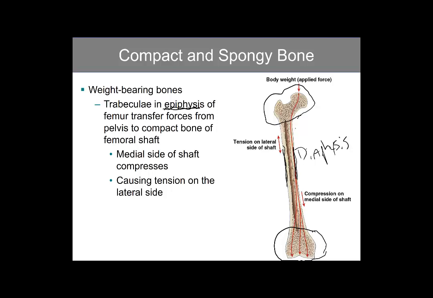Those forces are transferred down the shafts of the bone, basically. Okay. In the case of the femur, we're looking at the medial side, where the shaft compresses, and that's going to cause tension on the lateral side. But through the appropriation of these forces, we're able to balance out the weight.